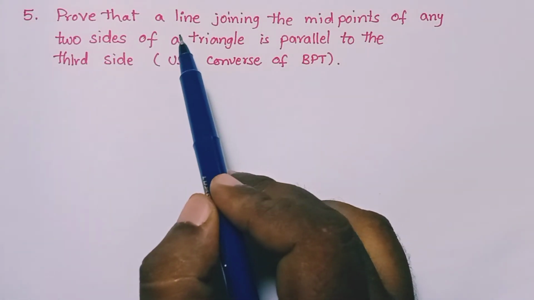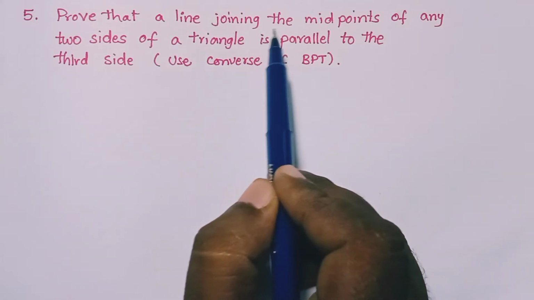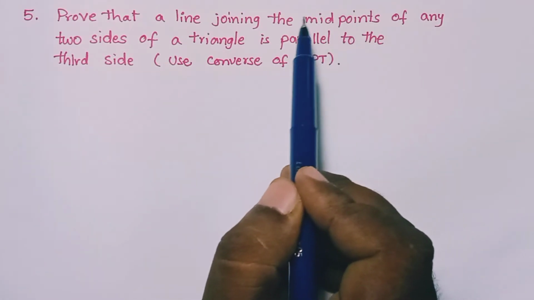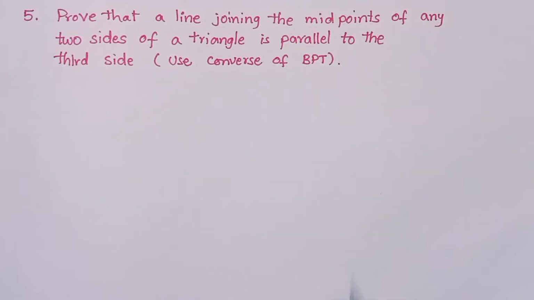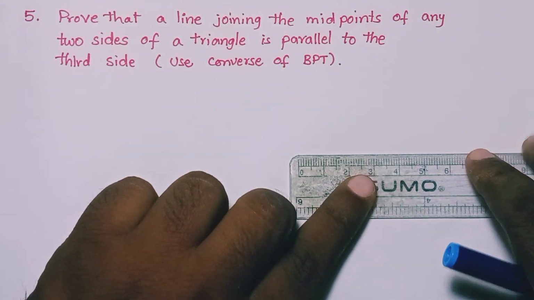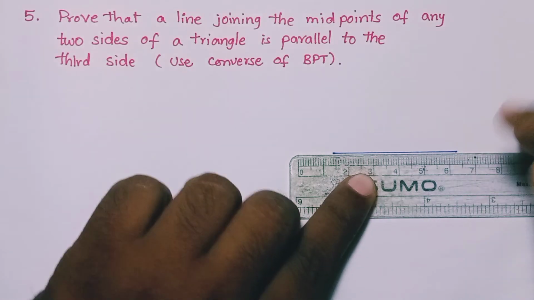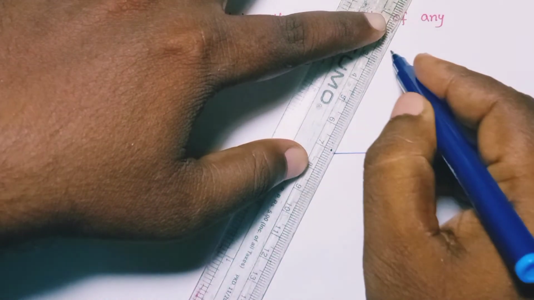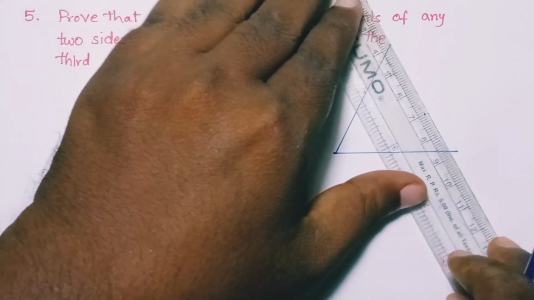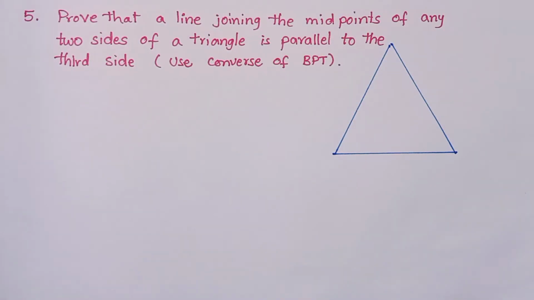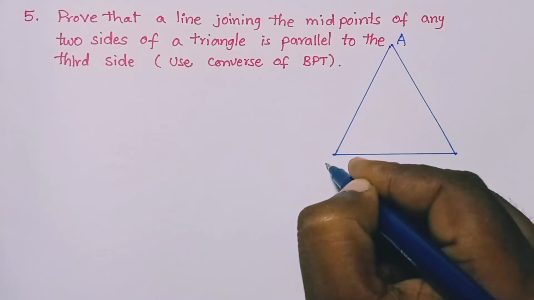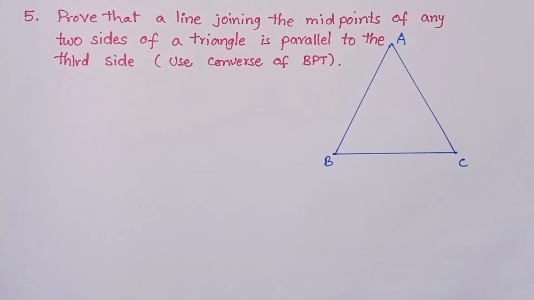See the statement one more time. Prove that a line joining the midpoints of any two sides of a triangle is parallel to the third side. Let us draw a diagram. This is a triangle. In this triangle we have to select any two sides.